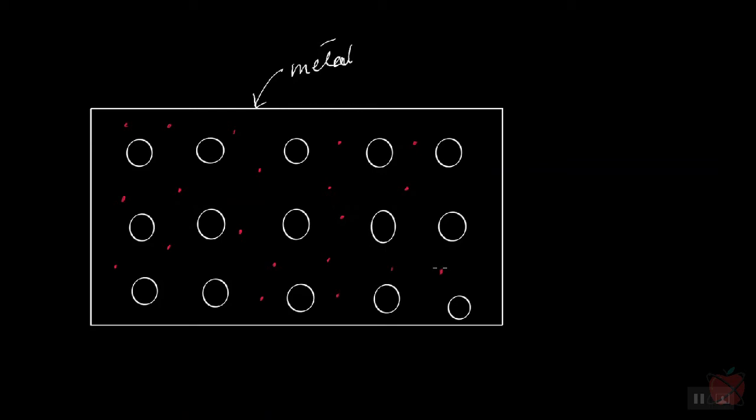They come out from the atoms of the metal and they are now called free electrons. They are free to roam here and there. And if you apply an electric field, if you apply a potential difference across the ends of the metal, then what will happen to these electrons? They will drift from one end to the other end of the metal.